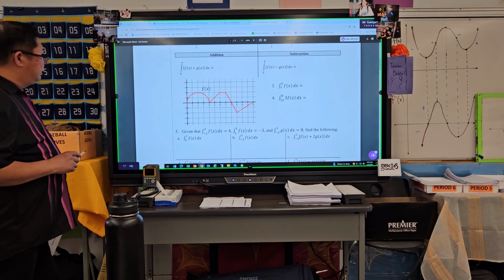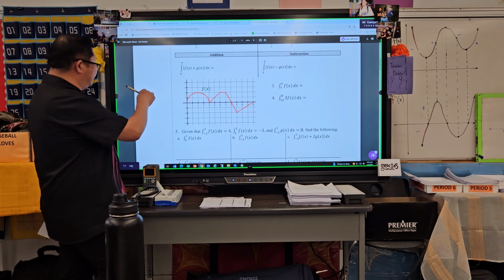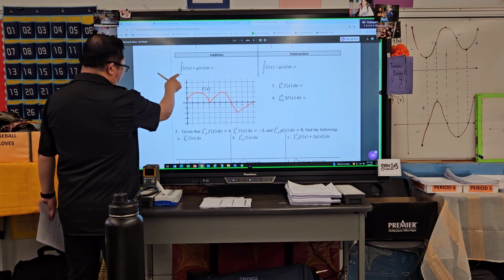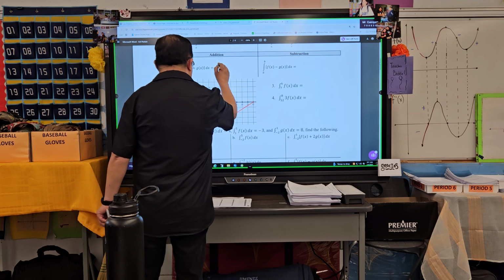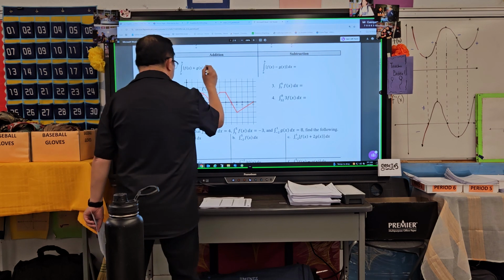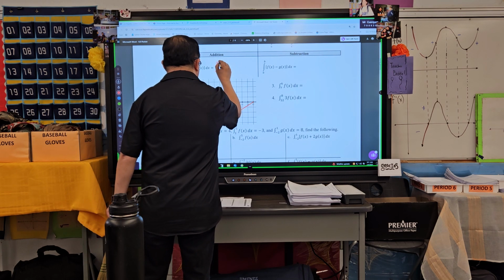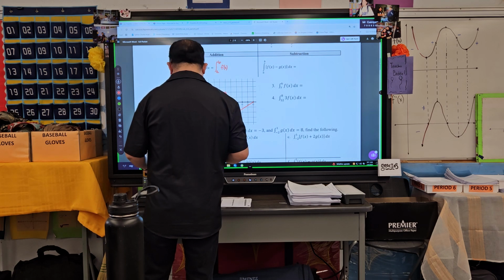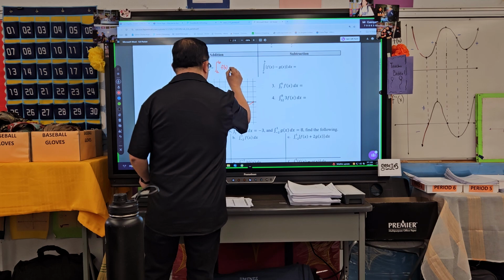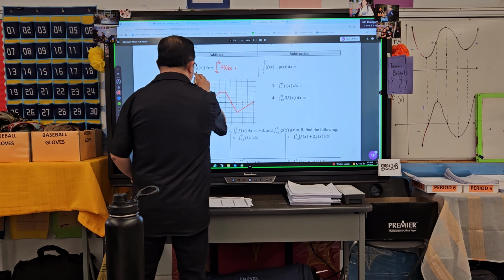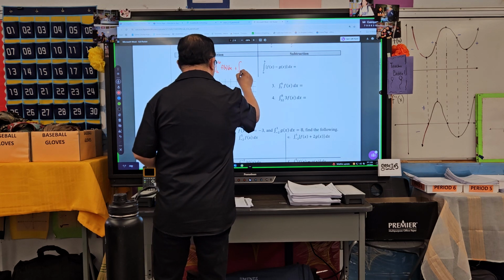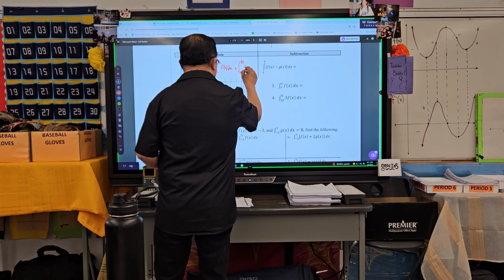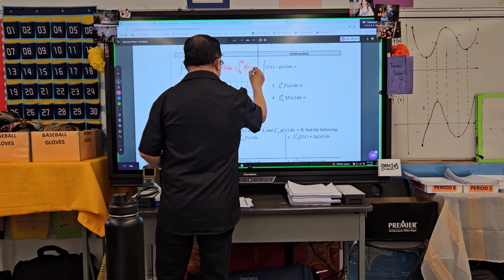For addition and subtraction, we can say the integral from a to b, which we can rewrite as the integral from a to b of f of x dx plus the integral from a to b of g of x dx.